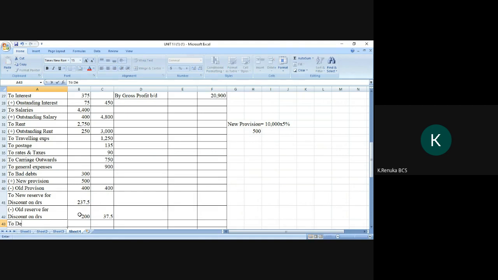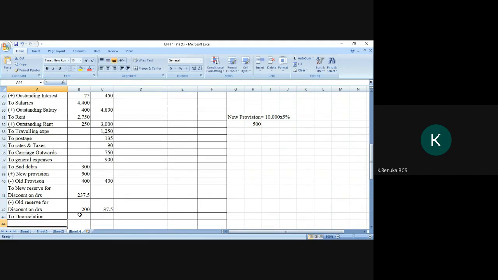Depreciation. First they have asked to calculate on buildings. First item has been given as buildings at 2.5 percentage. So how you need to calculate this?